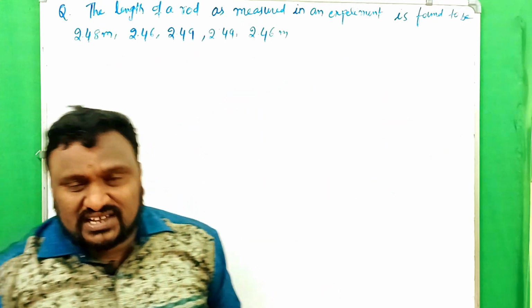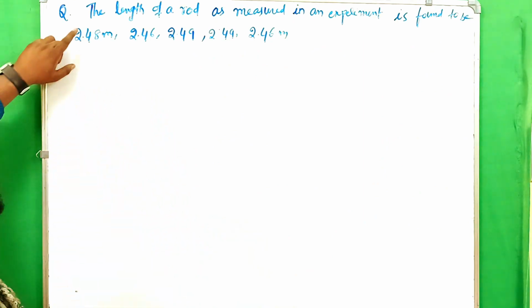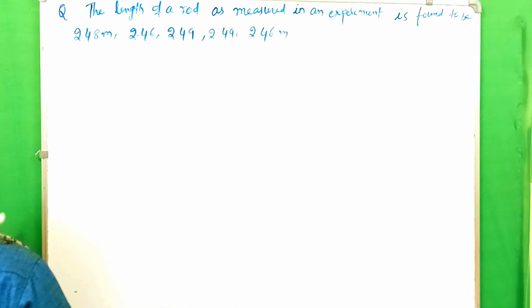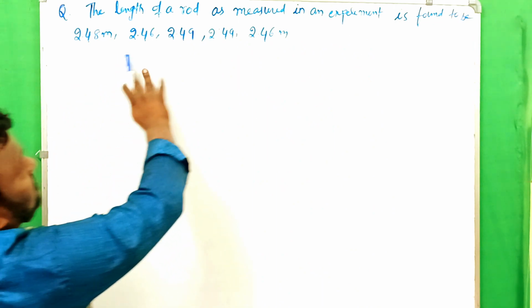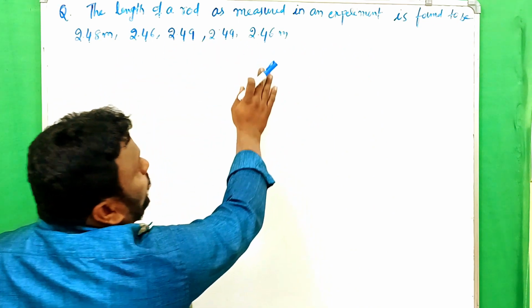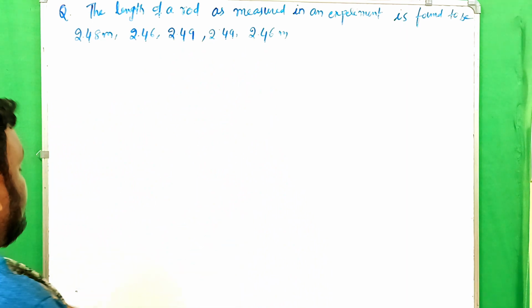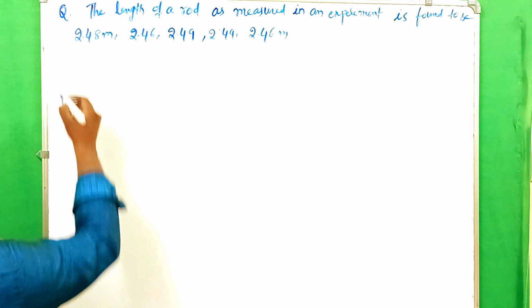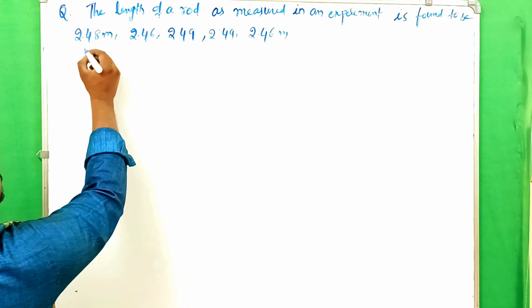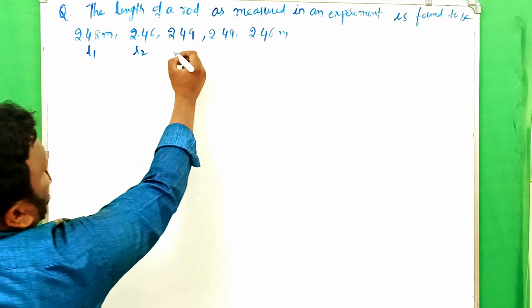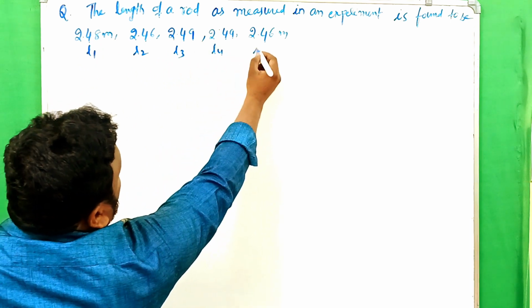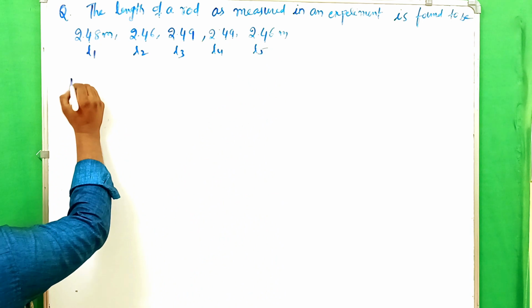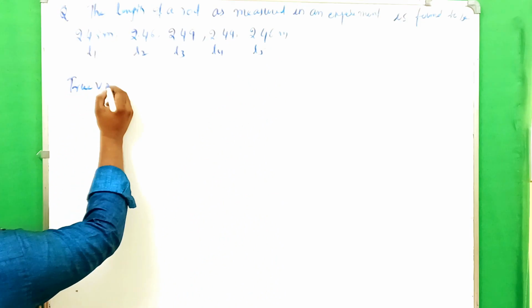See the next example, the same type of problem. The length of a rod as measured in an experiment is found to be 2.48 meters, 2.46 meters, 2.49, 2.49, 2.46 meters. Then we have to find all those things as in the previous problem. Here length was given, so I am taking L1, L2, L3, L4 and L5. Again 5 values. First, what do I have to measure, the true value or mean value? The true value.